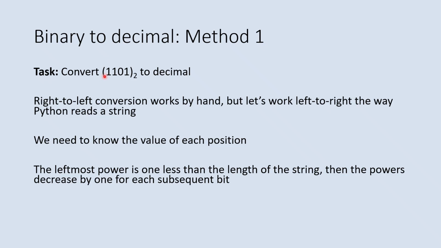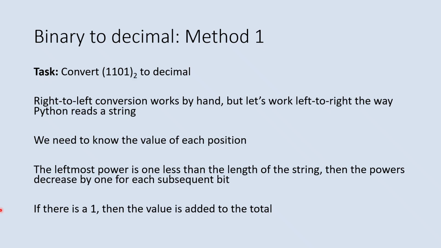And so that 3 is 1 less than the length of the string. It's always going to be 1 less than the length of the string. And as we go then left to right, the leftmost was the 3rd power, then the 2nd power, then the 1st power, then the 0th power. So the leftmost power is 1 less than the length of the string, and the powers are decreasing by 1 for each bit that follows.